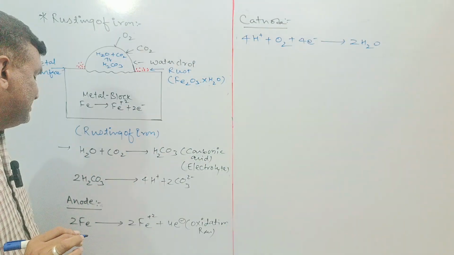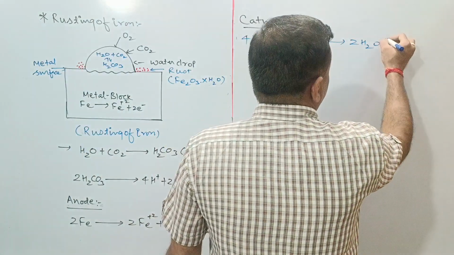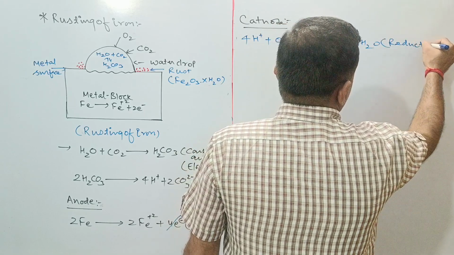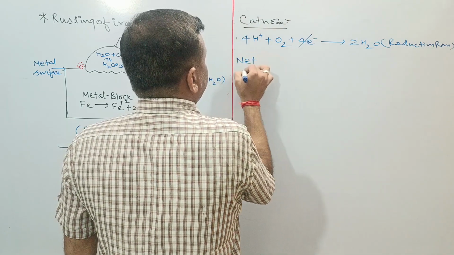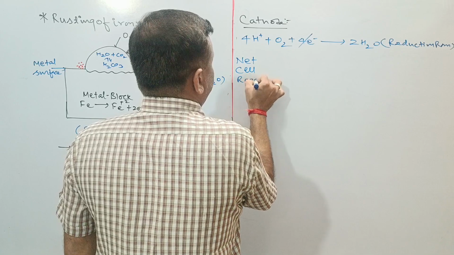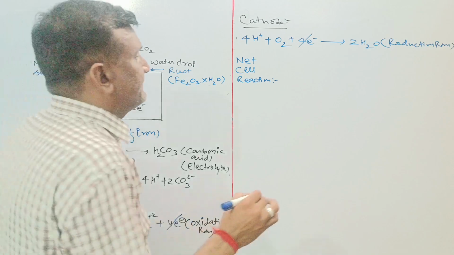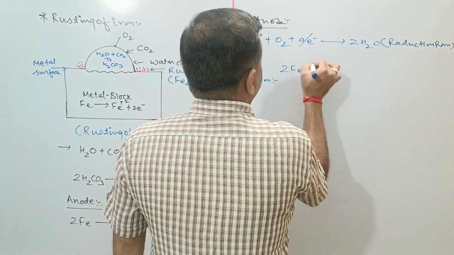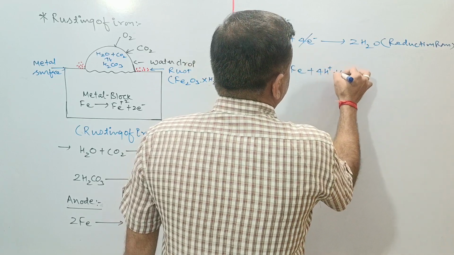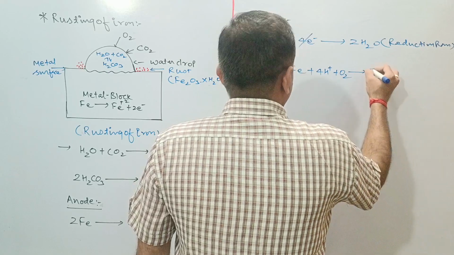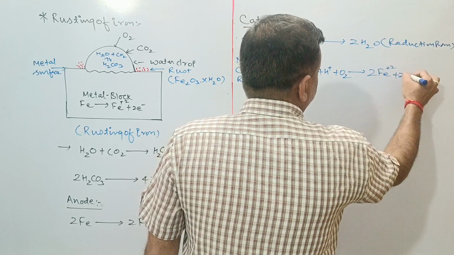Now I would like to go with the net cell reaction. From 4 electrons to 4 electrons, these remain cancelled. This is called reduction reaction. The net cell reaction during the process of corrosion is: 2 of Fe plus 4 of H plus plus O2 changes into 2 of Fe plus 2 and 2 of H2O.